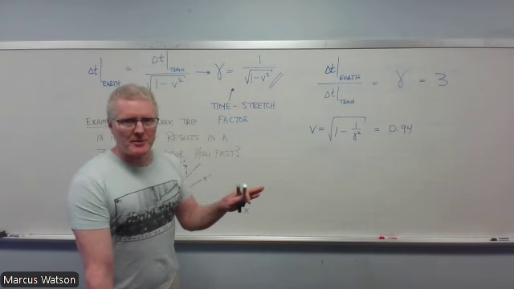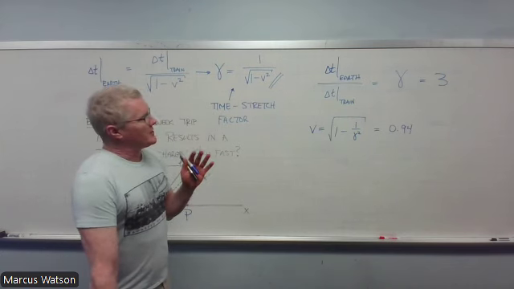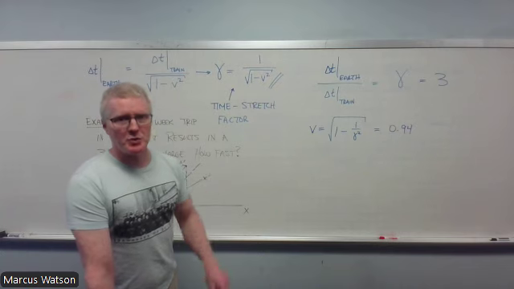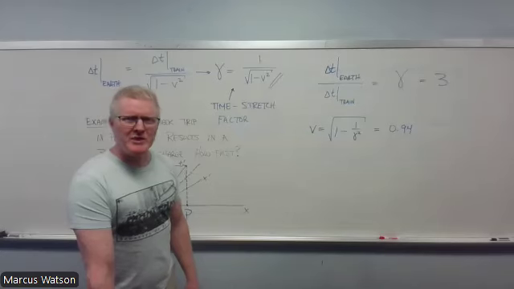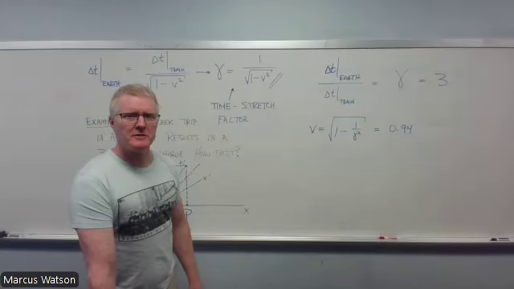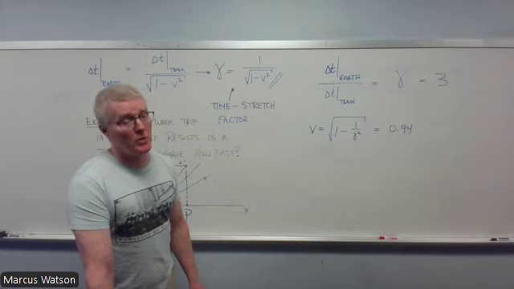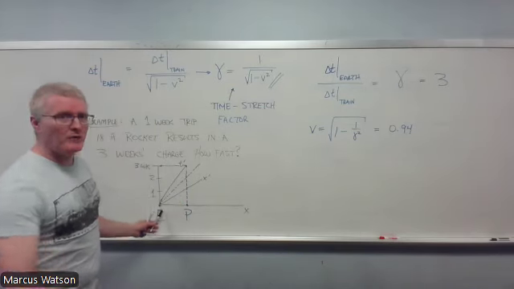I want to introduce a little bit of terminology, okay? The time on the clock that didn't move. Which clock didn't move? You'd say, well, it's got to be Earth clock, right? Well, no, because Earth clock is now way over there.